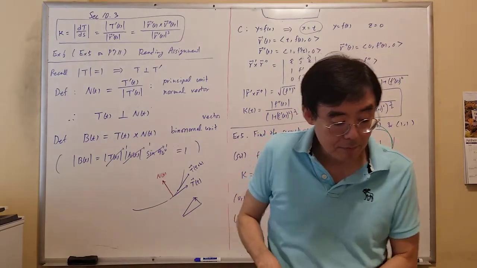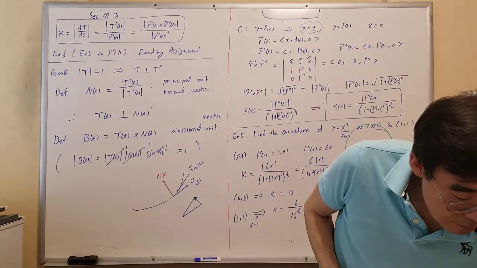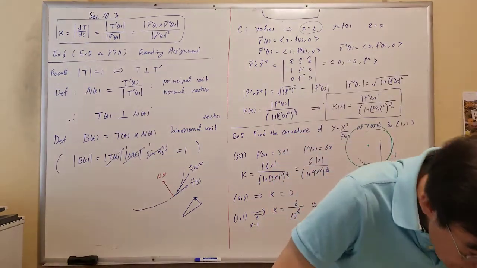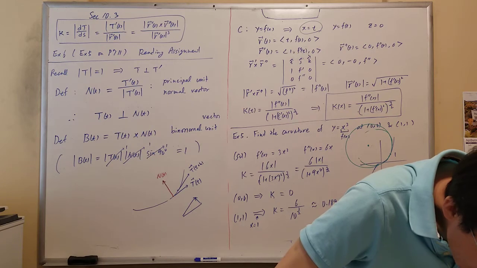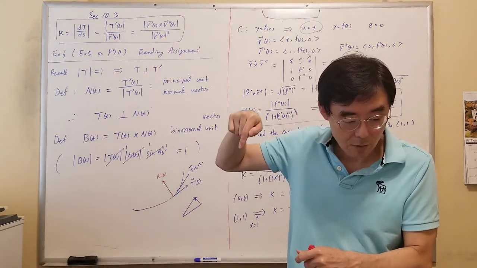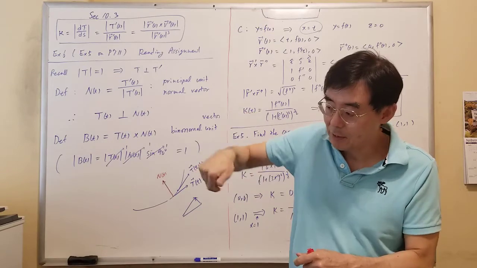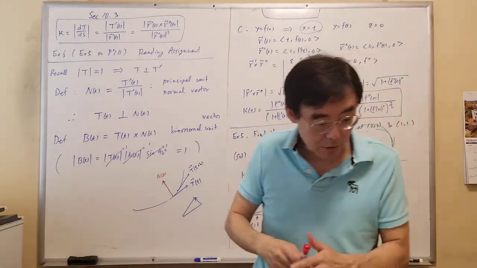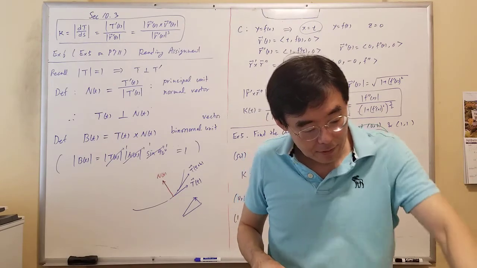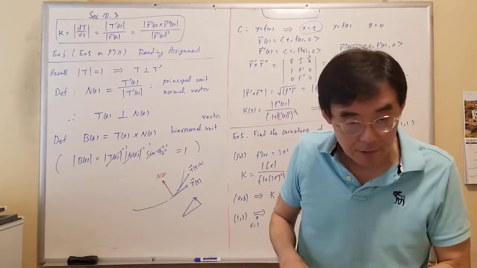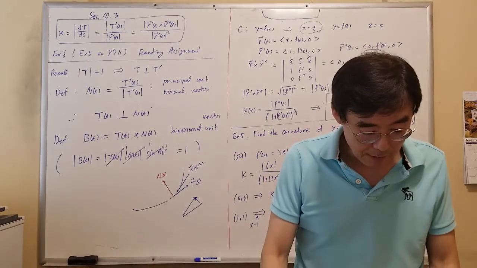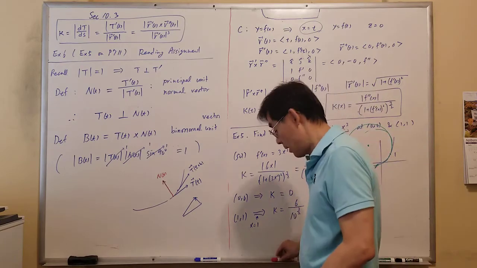And then T cross N: T is going here, N is going down there, so T cross N is going forward a little bit to the left. That is B of t, by the right-hand rule, the right thumb's rule.